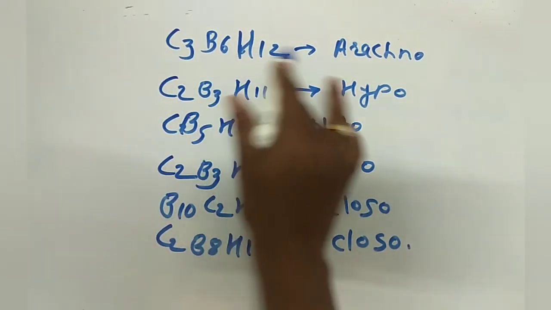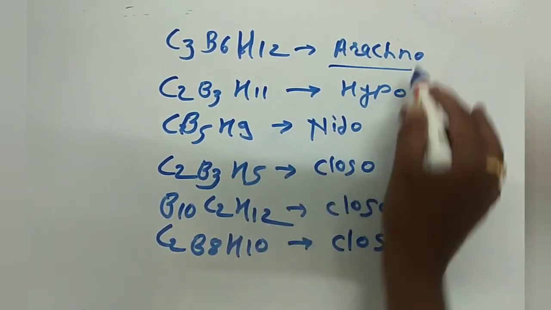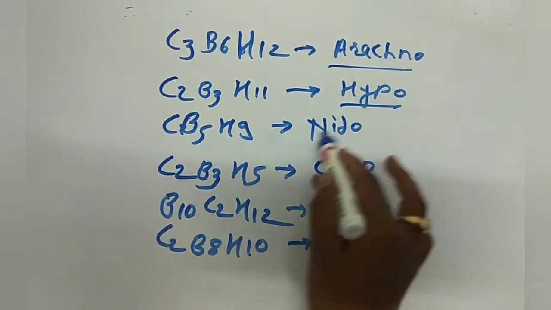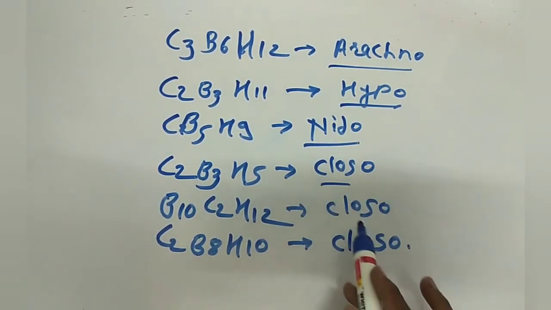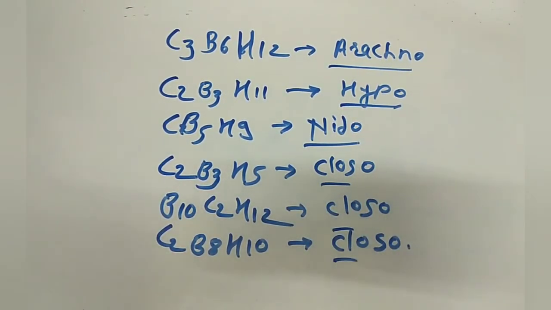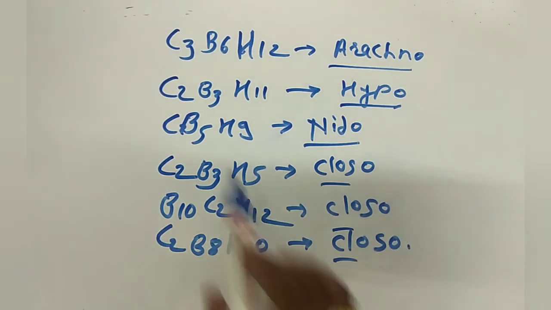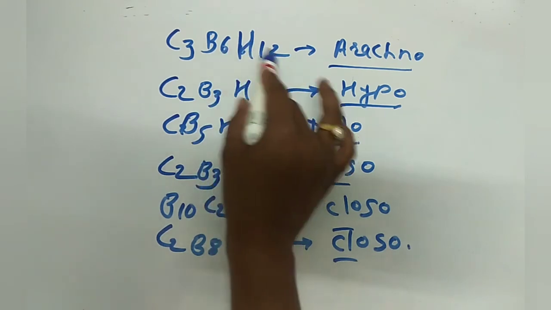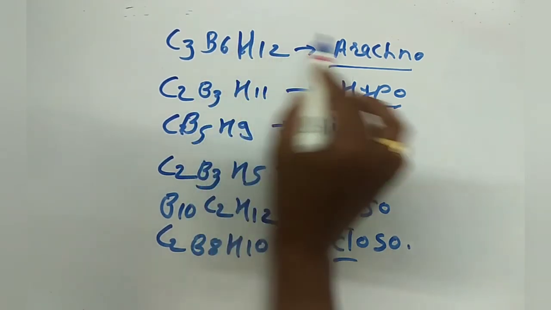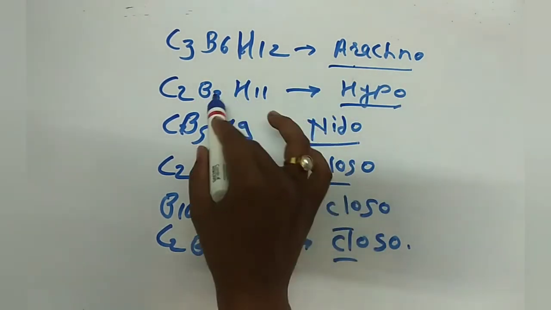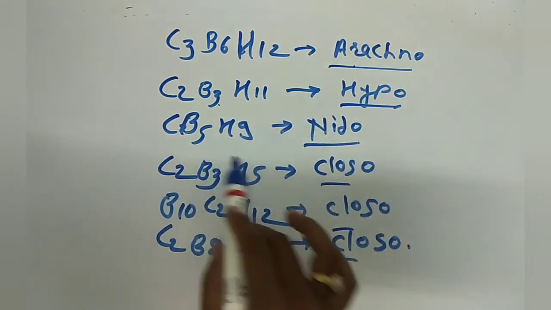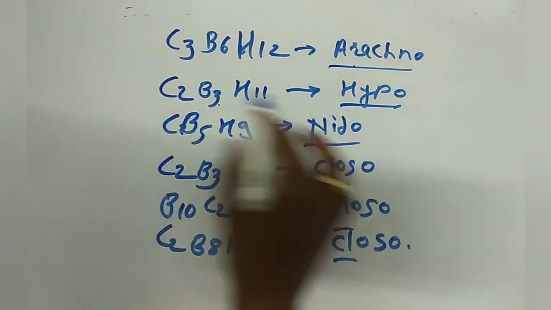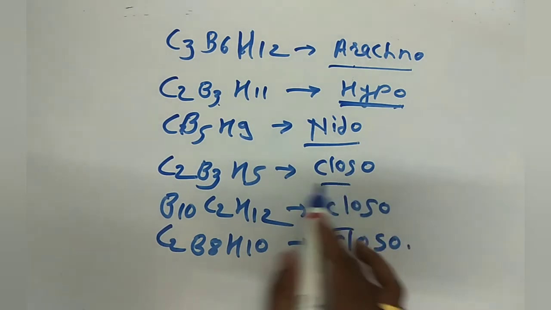Here is the hint given to solve this: arachnoborane, hypo, nido, then closo. The one more important trick used here is 12 minus 6, we are getting 6. No, 11 minus 3, after considering C2, it is hypoborane, and so on.